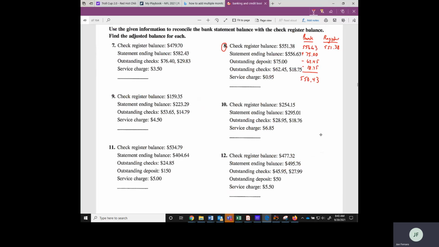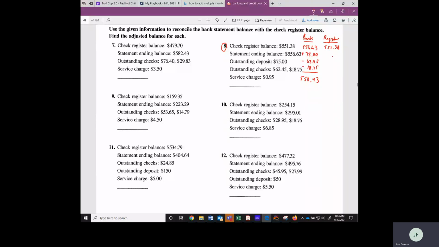Okay, the check register should be a little easier. The only thing we're missing is a service charge. In real life, you could miss a service charge. You might also miss some debit card purchases every once in a while if you're not good at remembering or saving receipts. So look at your bank statement. If you see a debit card purchase that's not recorded in your check register, then you would record that. We'll look at some more real life examples soon too.